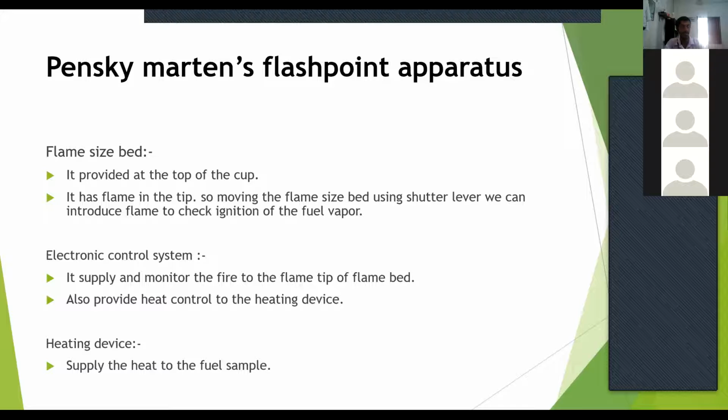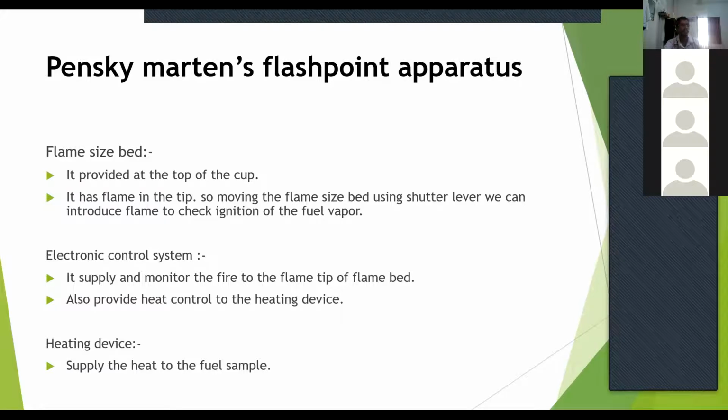We are not going to touch the fuel, but we will introduce that flame into the atmosphere of the fuel. Then the flame will catch the fuel vapor, and only then will it ignite. We also need a heating device under that cup.